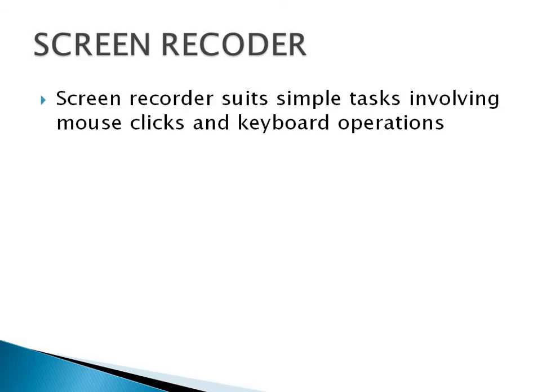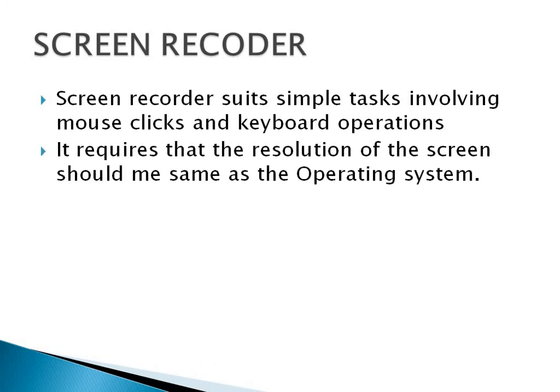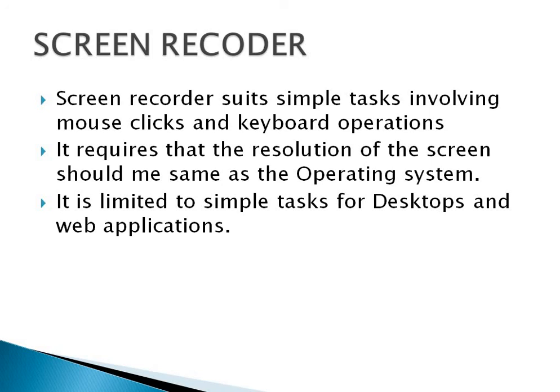Screen recorder suits simple tasks involving mouse clicks and keyboard operations. It requires that the resolution of the screen should be same as the operating system. It is limited to simple tasks and for desktops and web applications.